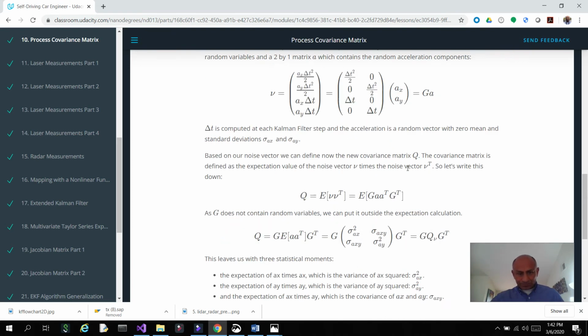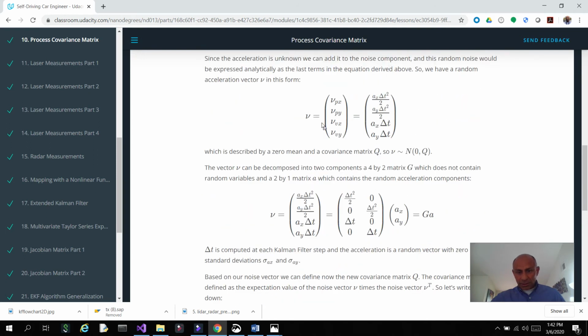Now G. The nu from previous, our state prediction, was written as nu px, nu py, nu vx, nu vy, which is half delta t square ax. Because a new state is the old state, so px is px at time t minus 1 plus v delta t plus half ax delta t square. Since we didn't take nu over there, we are accounting for all that in the process noise covariance matrix.